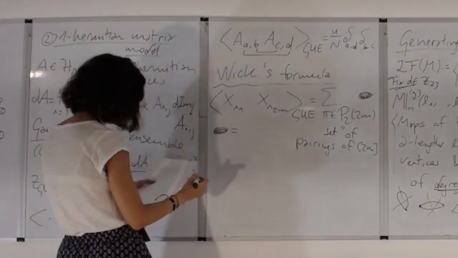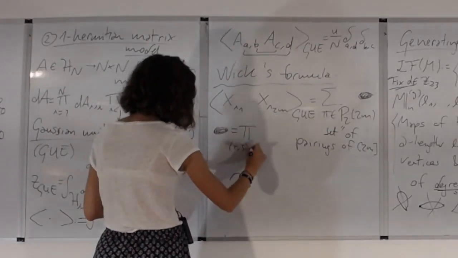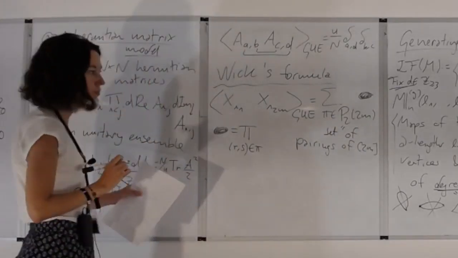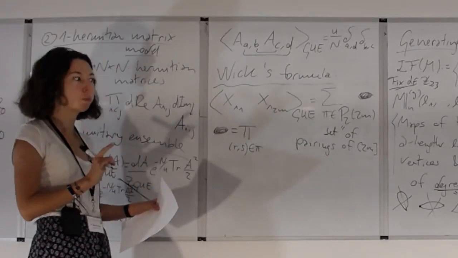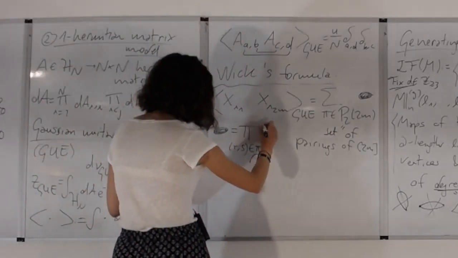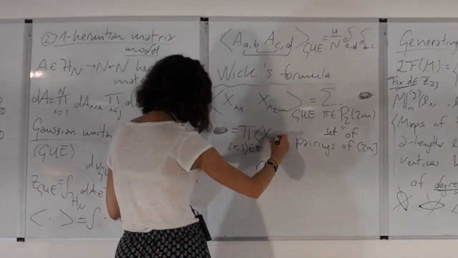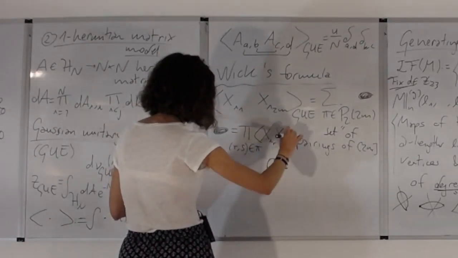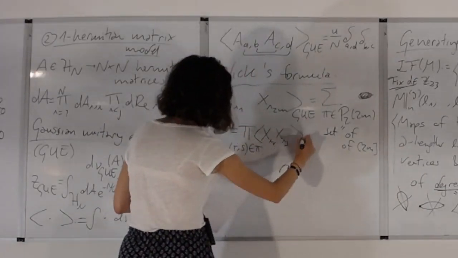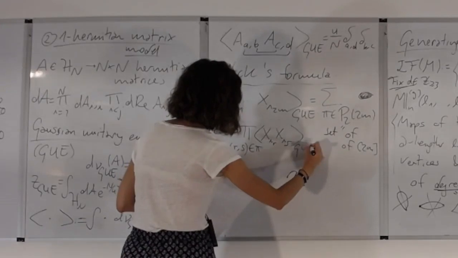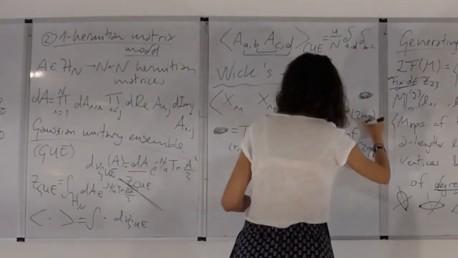What you should put in there is the product over all pairings. No, sorry, not over all pairings, over all the pairs inside a specific pairing of the corresponding covariance. This is the set of pairings.